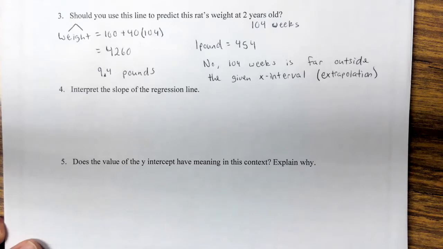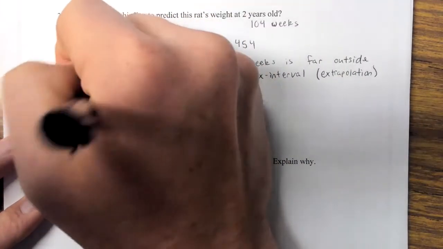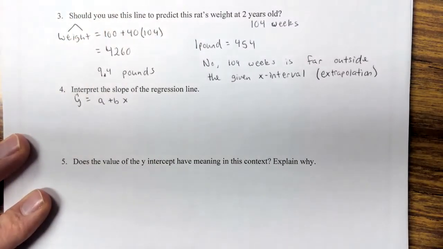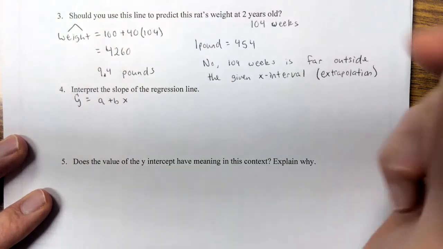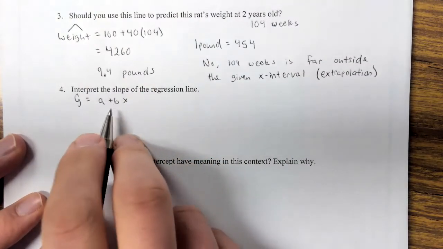For interpreting the slope of the regression line, you know that the format goes like this. The predicted y hat is equal to a plus bx. That's the form for a regression line. And a is the y-intercept, b is the slope.